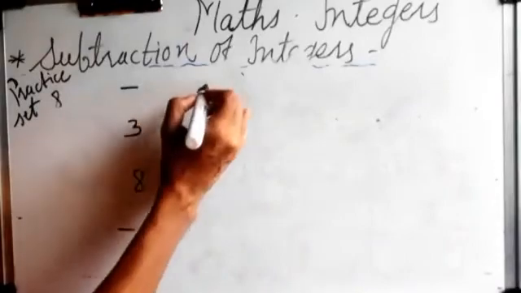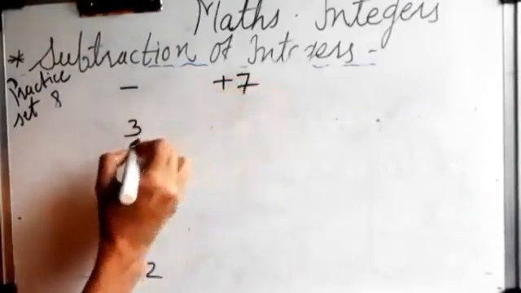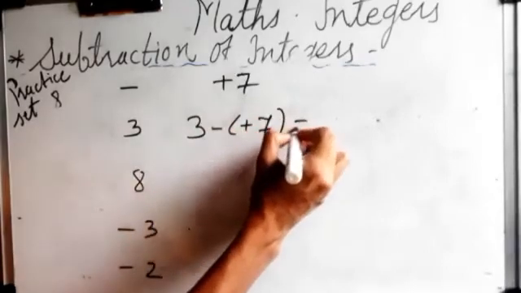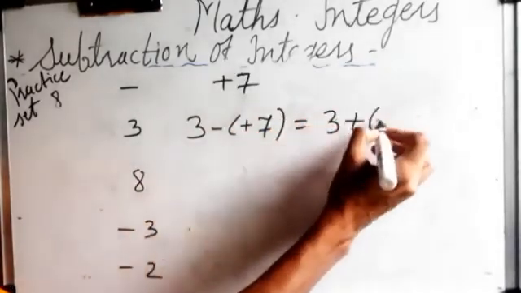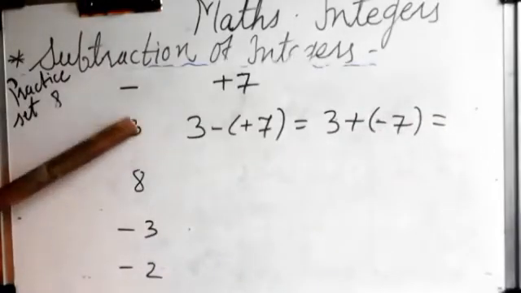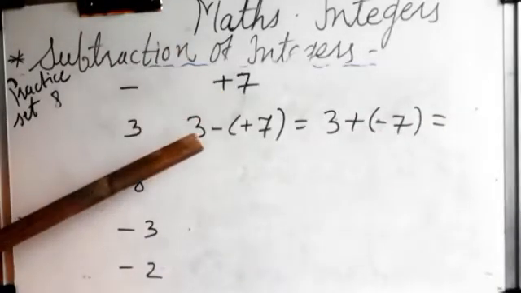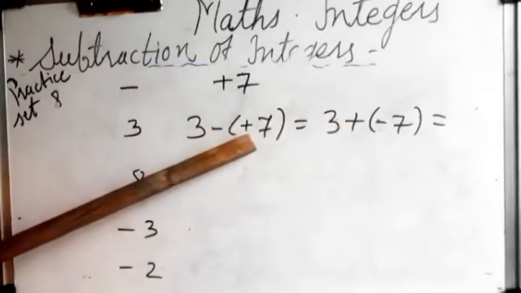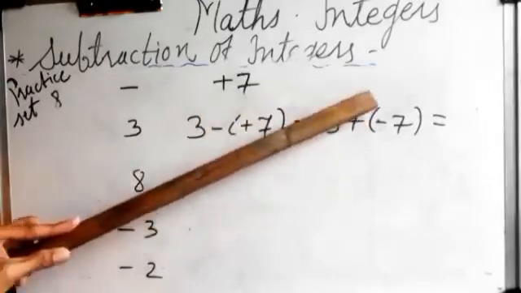Plus 7 here. Again 3 minus plus 7, that means 3 as it is, instead of subtraction plus. Opposite of plus 7 is minus 7.